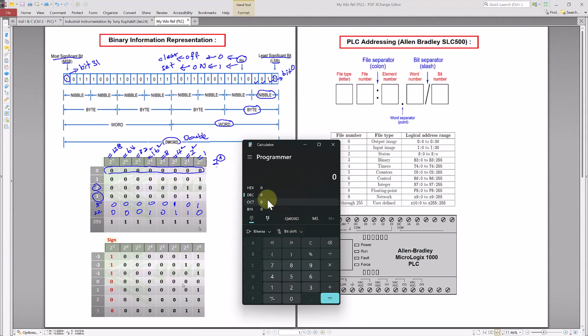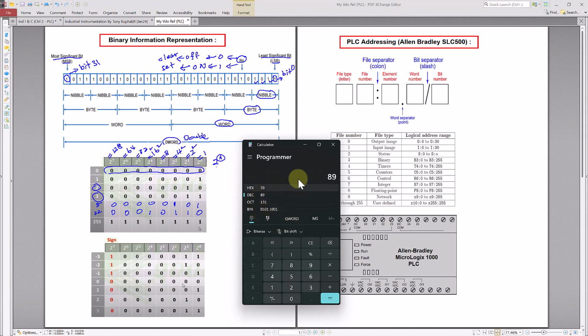Another example: let's say I want to find the equivalent binary number based on a decimal value. Maybe I have a value of 89. The corresponding binary number for the decimal value 89 is 01011001.